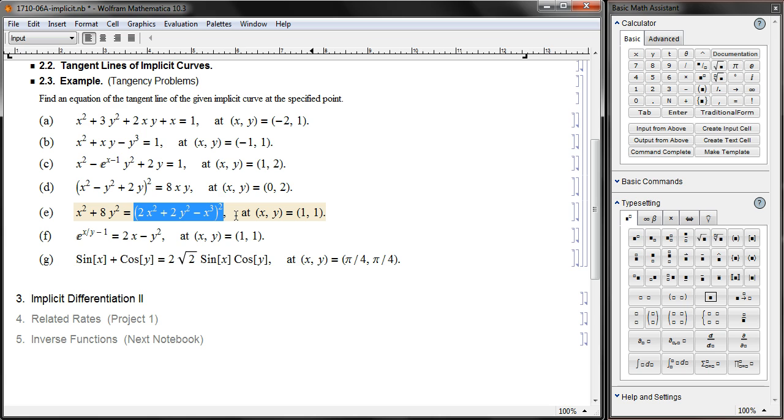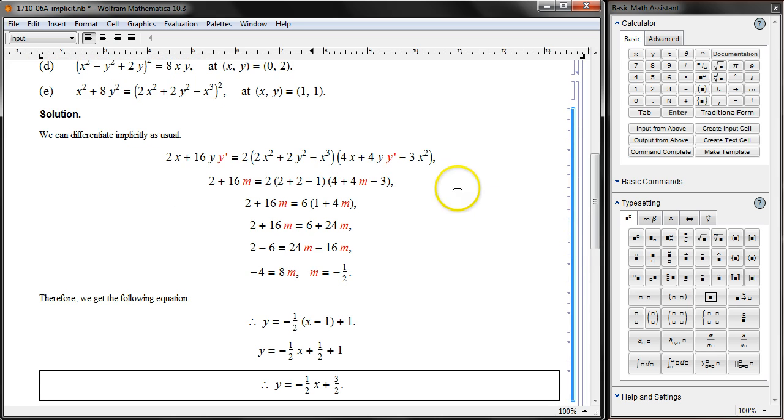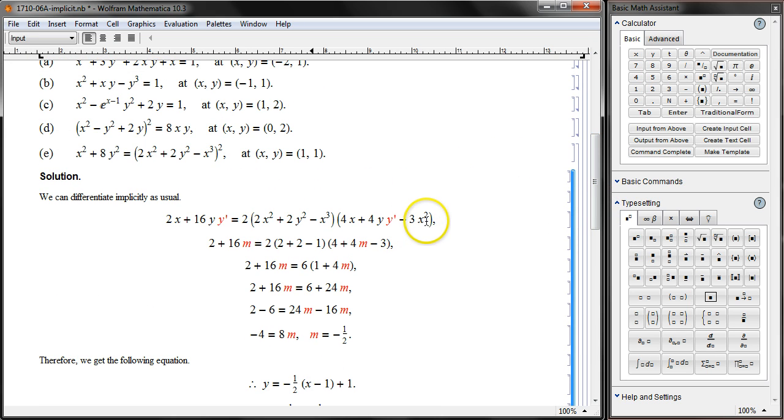The chain rule, of course. 2 comes out, the inside remains exactly the same, and subtract 1 from the power, and multiply the derivative of the inside, which is like this. The chain rule. This is the derivative of the inside.